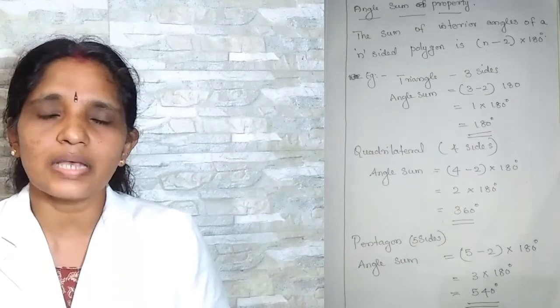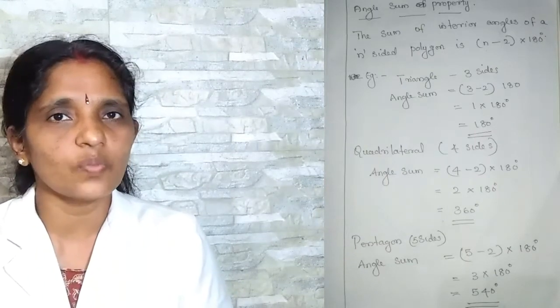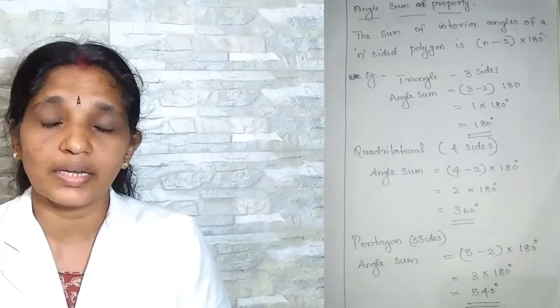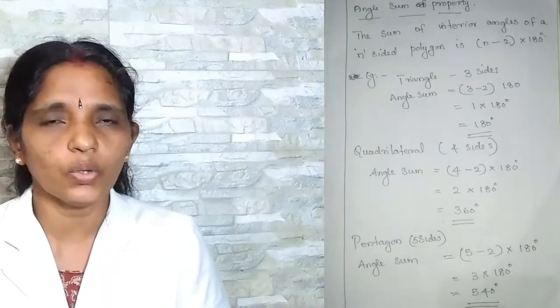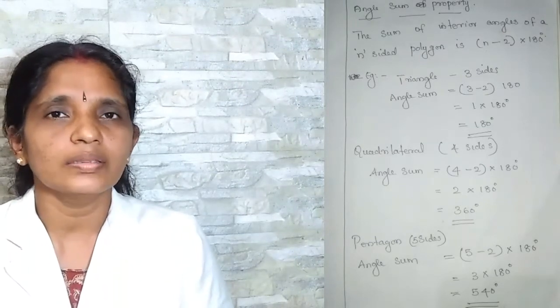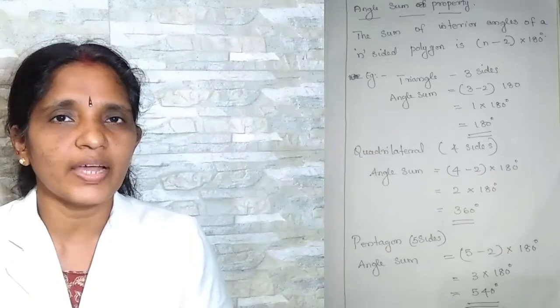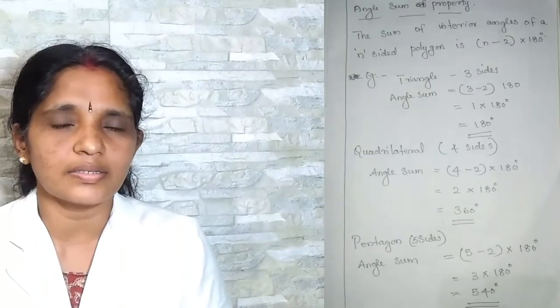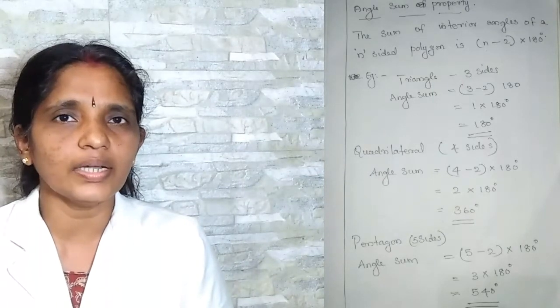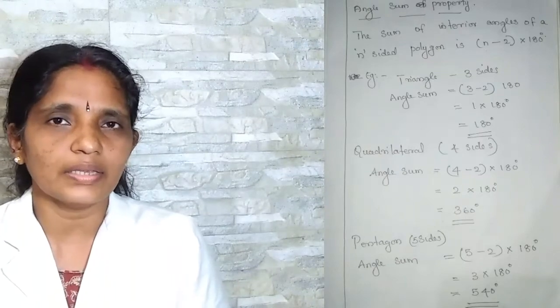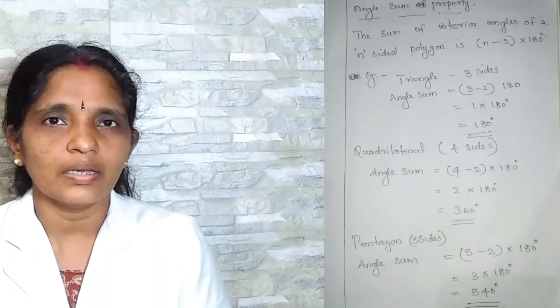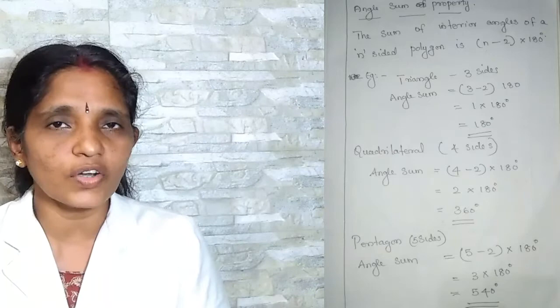The sum of the angles in one triangle is 180. So three triangles is 3 into 180. So a 5-sided polygon, 3 triangles sum. 4-sided polygon, 2 triangles sum. Like that, a 6-sided polygon will split up into 4 triangles.